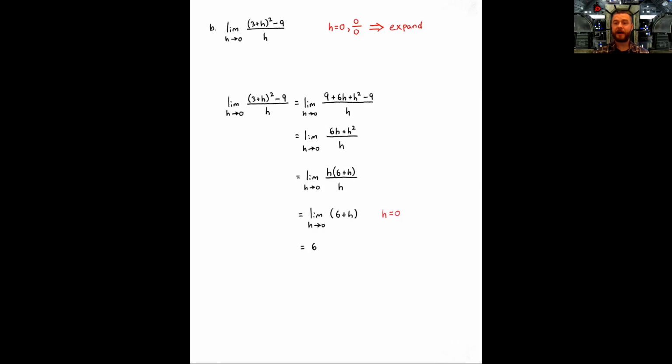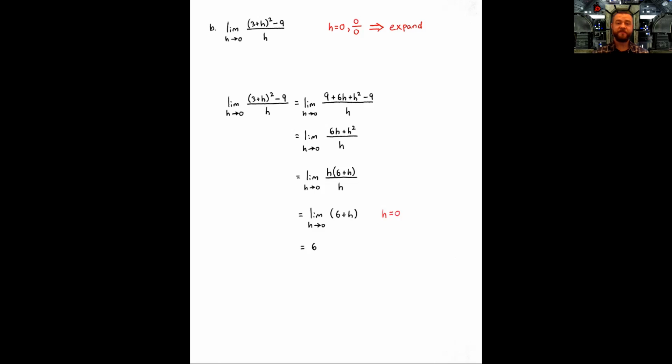Now take it piece by piece. Notice the 9 subtracts out in the numerator. You're then left with, in your numerator, 6h plus h squared. We still have an indeterminate form there. If you plug in h equals 0, 6h plus h squared divided by h still becomes the indeterminate form 0 over 0.